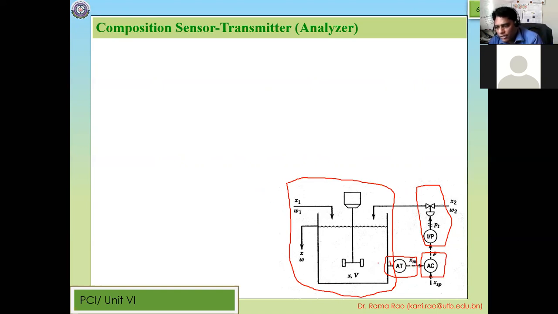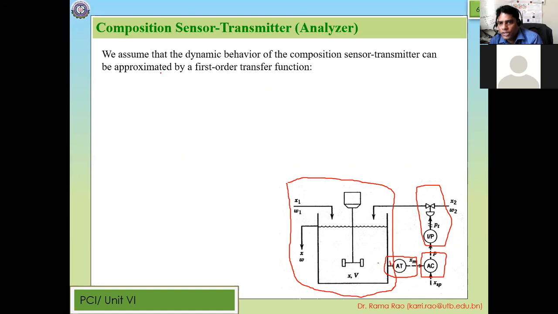So the transfer function XM by X is nothing but you should find the transfer function of AT. We assume that the relation for this AT is also a first order transfer function. What is a first order transfer function? It has the form of something like s plus something.